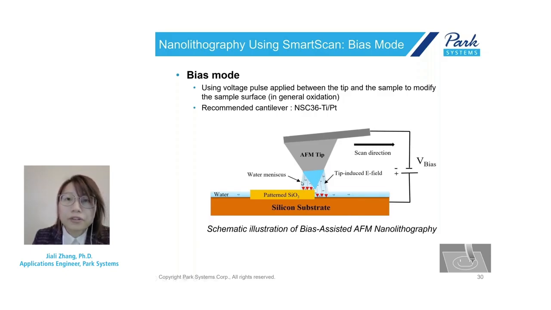The water thin film formed on the surface plays an important role in forming the oxide. The amount of water molecules and the voltage applied will determine the amount of ions available for oxidation reactions. The negative charge ions will flow away from the bias tip and react with the silicon molecules and form silicon oxide on the surface.